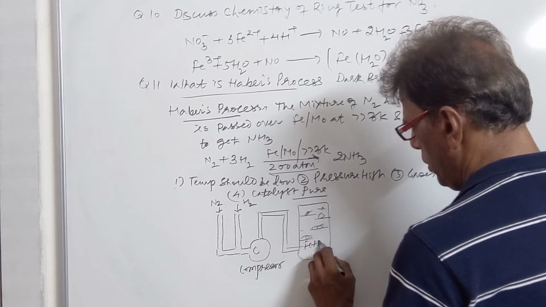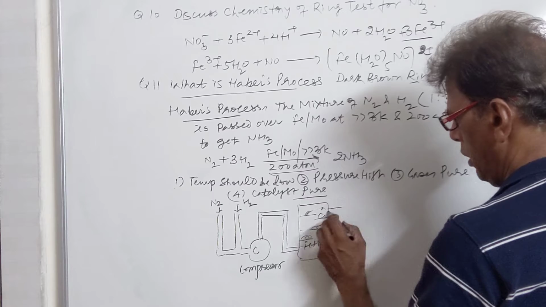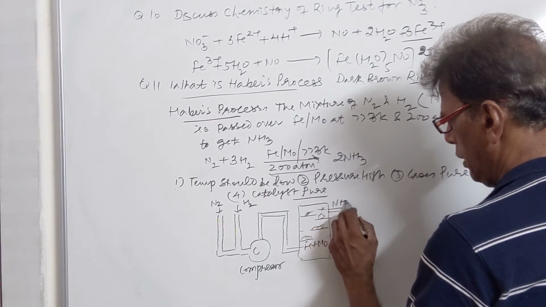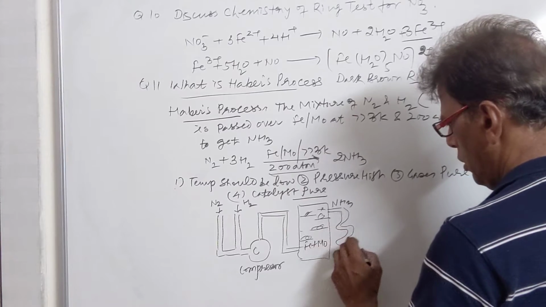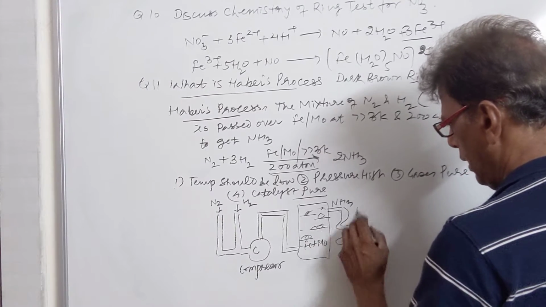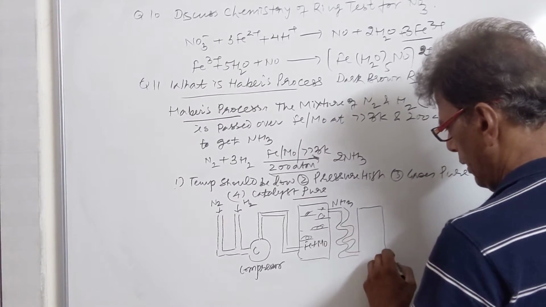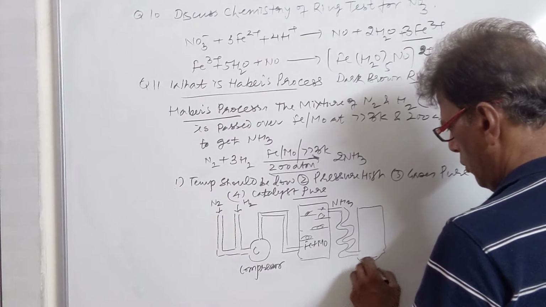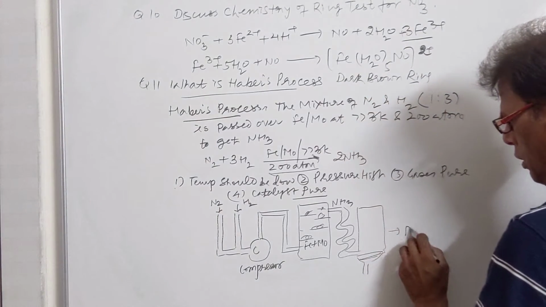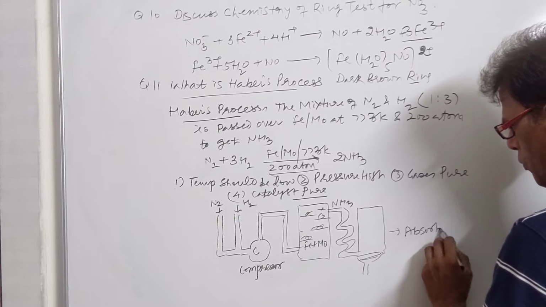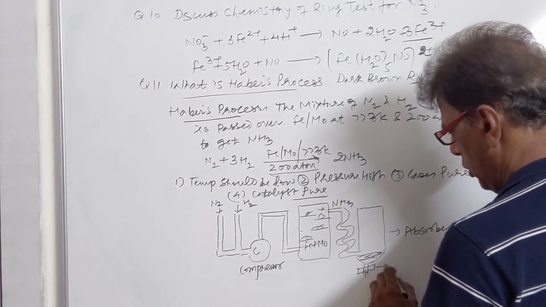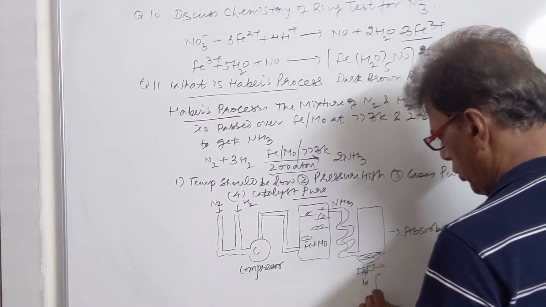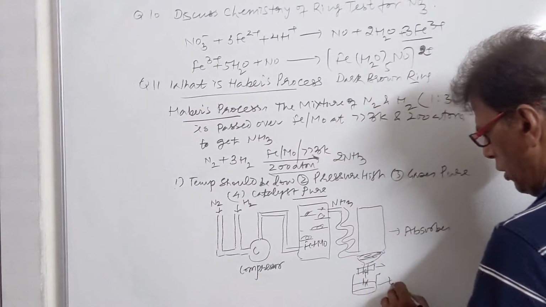This is the Fe molybdenum chamber. Here the gases combine and produce ammonia gas. This ammonia gas is then passed through cooler coils and then collected in another chamber. This is called the absorber. So liquid ammonia is collected at the bottom. From here it is withdrawn. This is liquid ammonia.